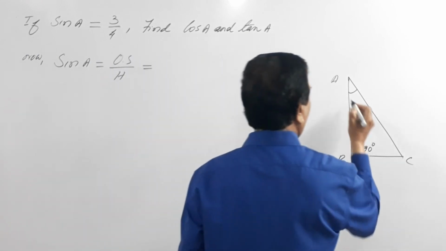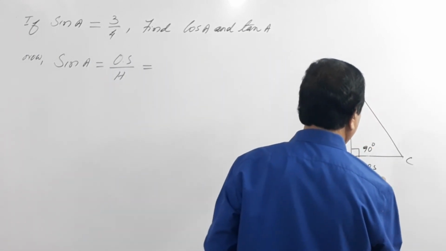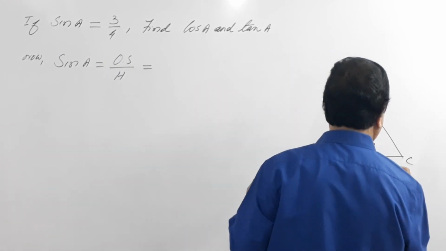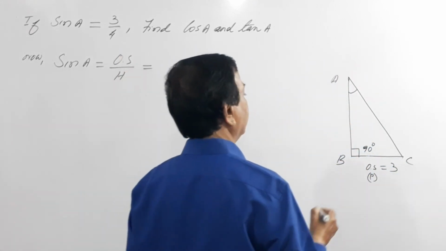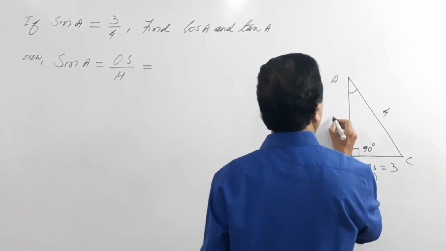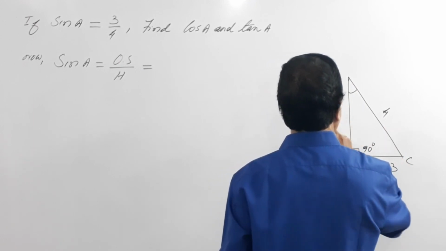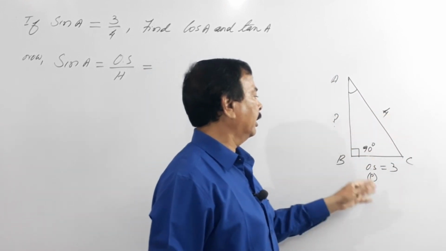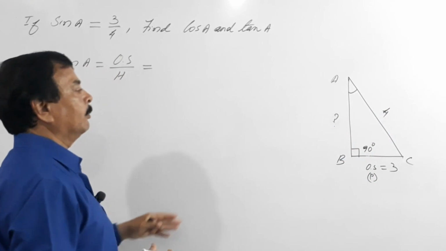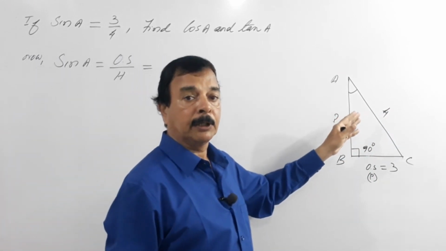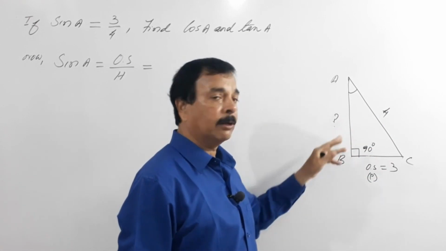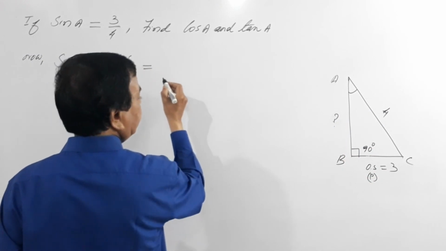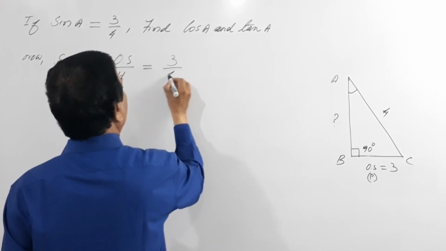This is our opposite side, or the perpendicular height. This equals 3, and the hypotenuse is 4. We have to find this, and we don't know it. If this is 4 and 3, then definitely it will be 5. This is also called a Pythagorean triplet. Sin A is the opposite side, he has given 3/4.